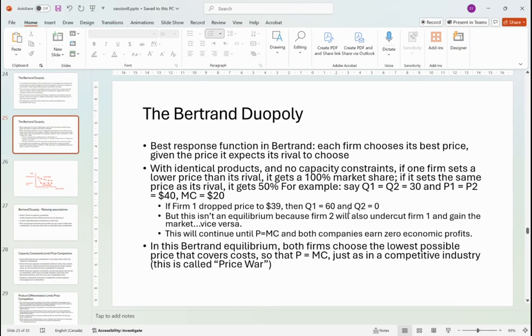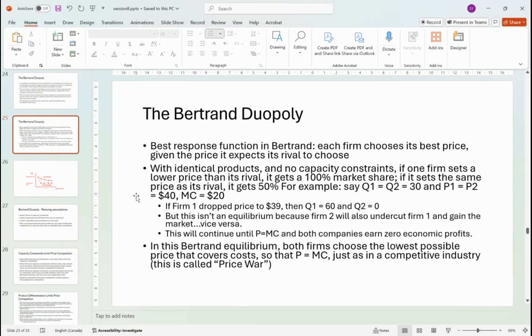So since price is greater than the marginal cost, that means each firm is experiencing a positive economic profit. But firm one has incentive to undercut the price for just a little bit, maybe $39, and get the entire market. And if firm one does so, then firm one is going to produce 60 units, and firm two is going to produce nothing, right?